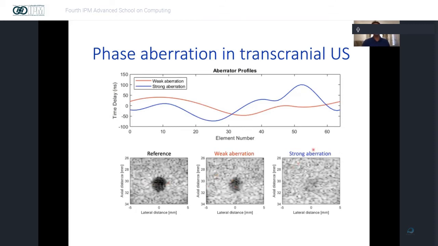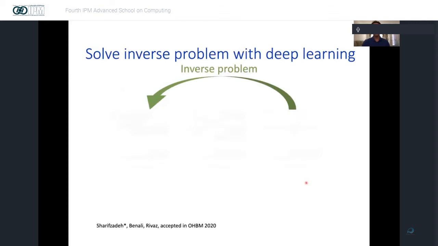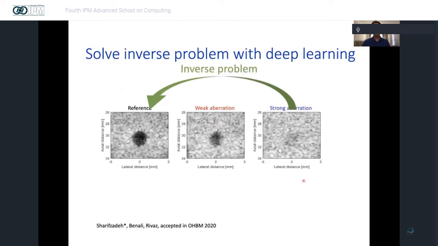When we have a strong aberration, we completely remove that target. So we proposed a CNN technique to solve this inverse problem of going from a strongly aberrated image to a nice, high contrast image.